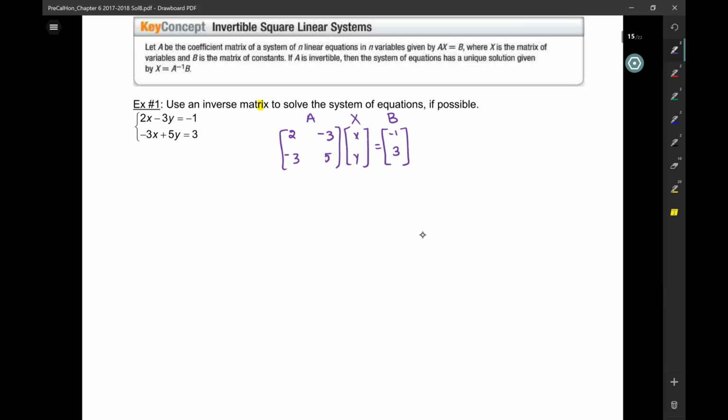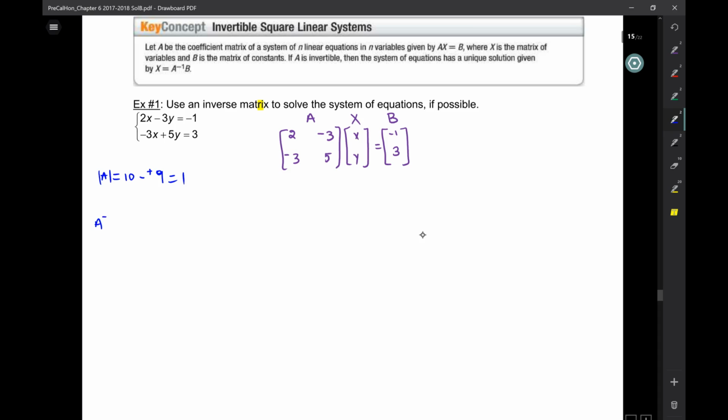Now what we have to do is find the inverse of A and then multiply A inverse times B. So let's find the inverse of A. To do that, first I need the determinant of A. And that's going to be 10 minus -9, so 10 plus 9, that's 19. Okay?